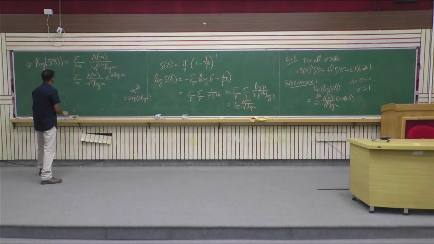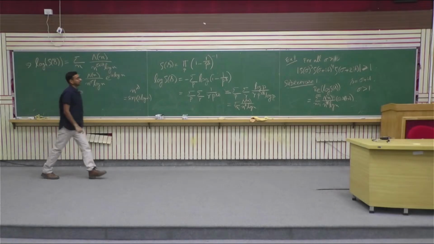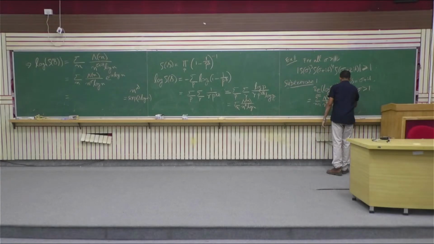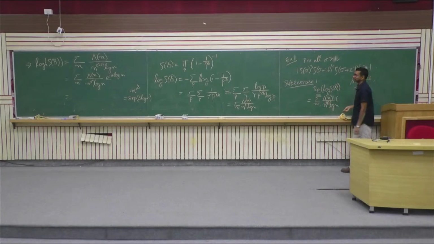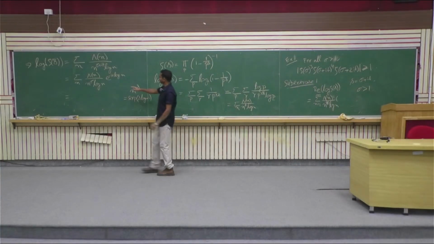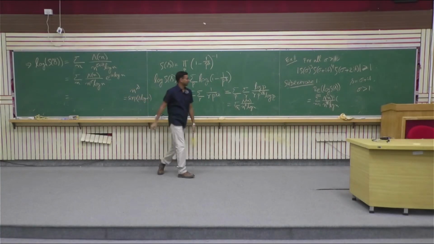I see, there is another mistake. Unless you do the exercise, you couldn't figure out where the mistake is. So the angle here is t log n, so it should be cos t log n.